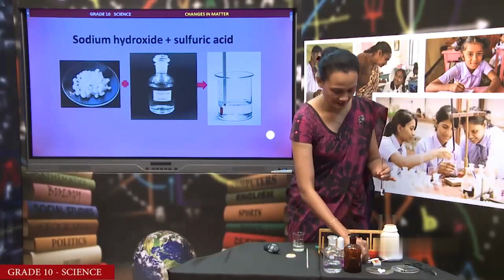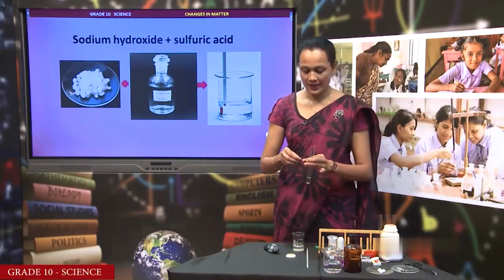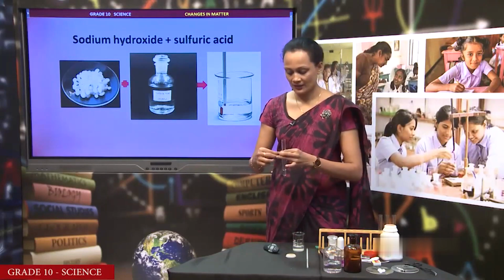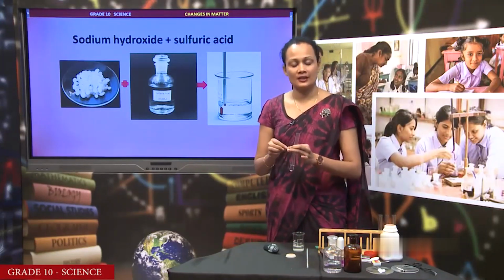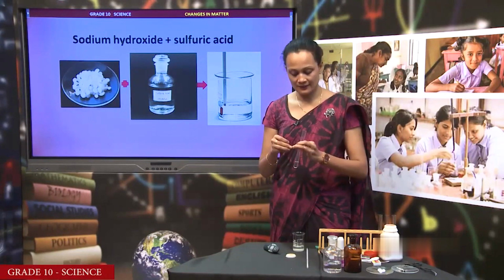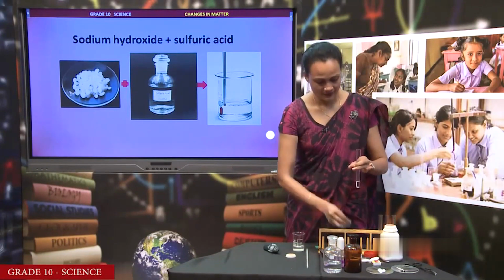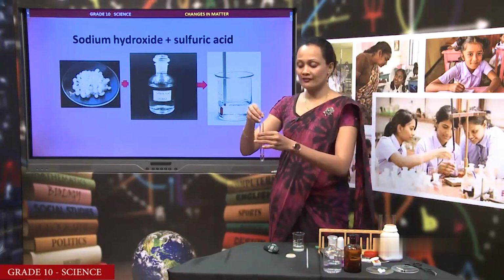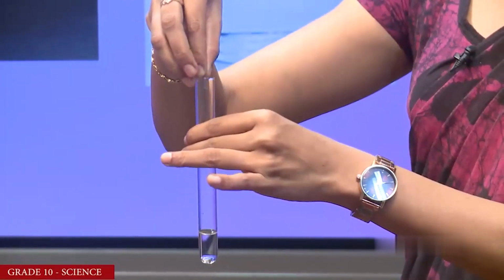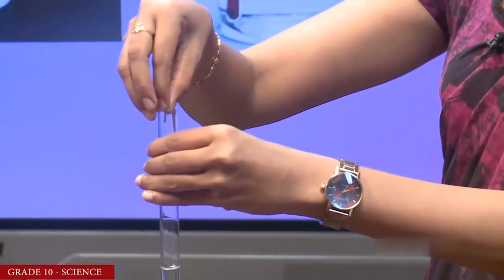After that I am putting in a piece of magnesium. If not, you can use a piece of zinc, a metal piece, and I am going to put it into that acid. Then observe what happens in there.